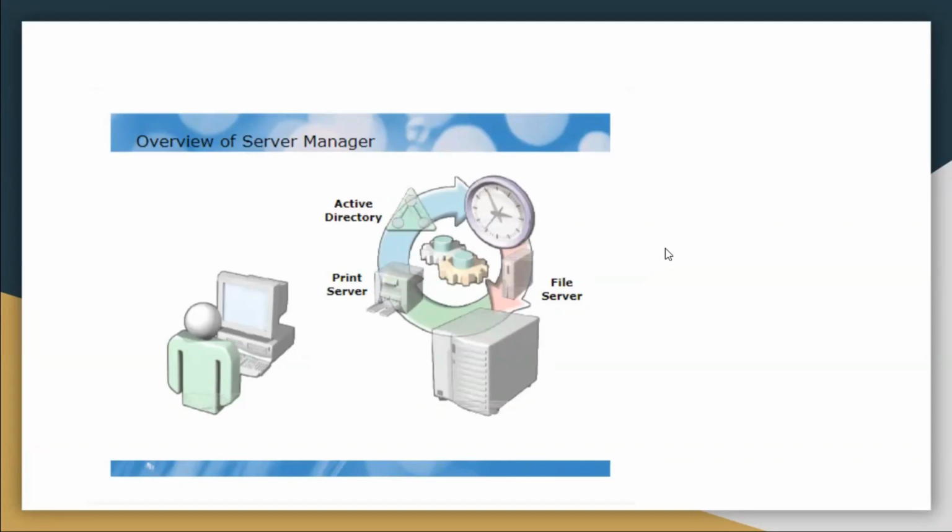A file server is a computer responsible for the storage and management of data files so that other computers on the same network can access the files. It enables users to share information over a network without having to physically transfer files.